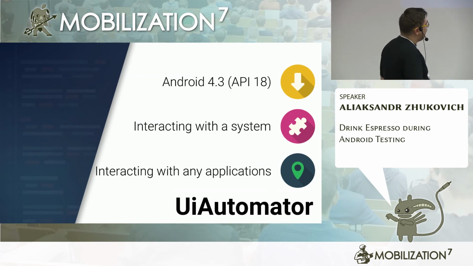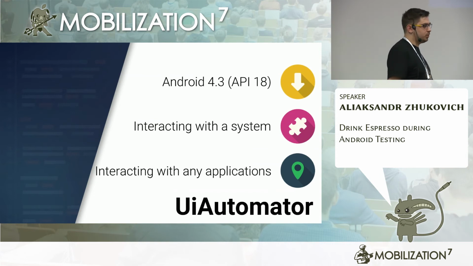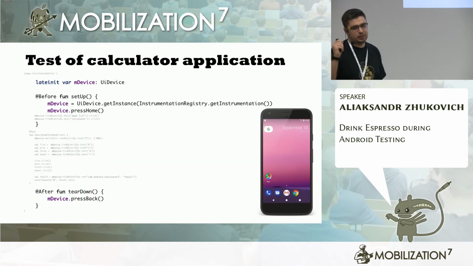With UIAutomator, we can interact with all applications and with software and hardware buttons, which is also impossible with Espresso. Here we have a pretty simple instance of testing a calculator application.